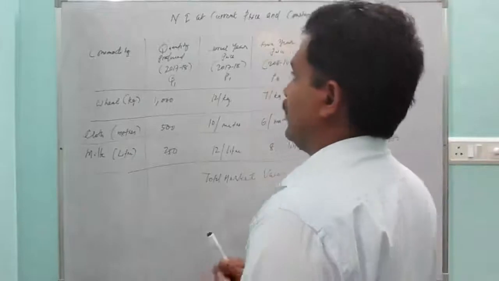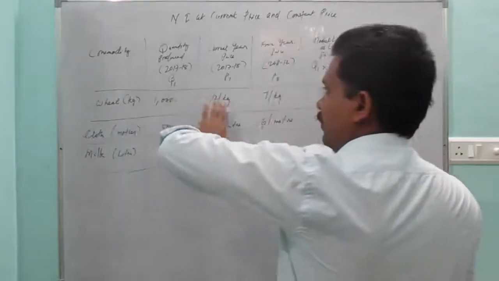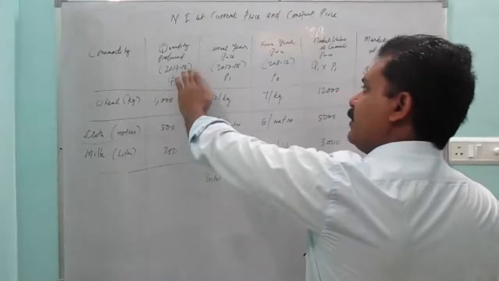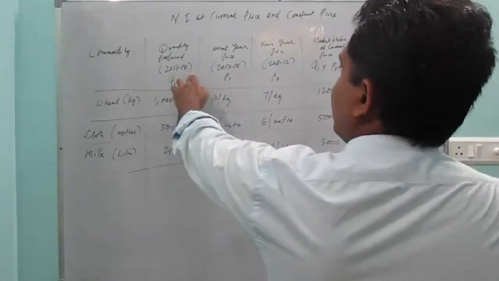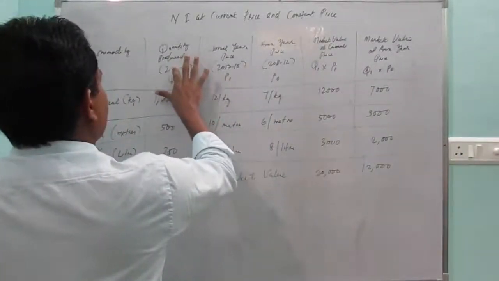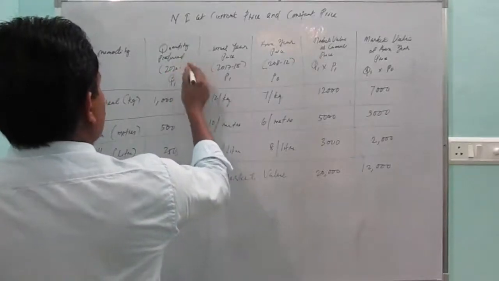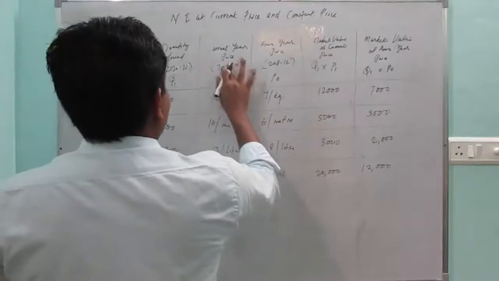You might have understood. Wheat price, quantity produced in 2017-18. Imagine that this 2017-18 is 2020-21, so that you will understand better.